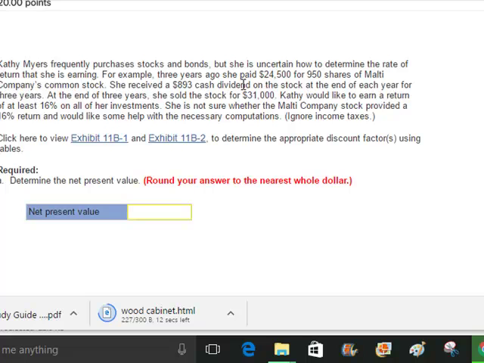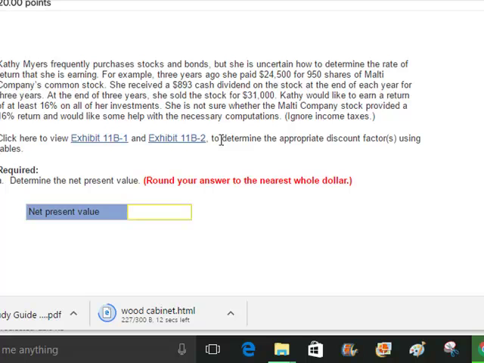So first, this person paid $24,500 for 950 shares of stock. That's a cash outflow. And even though we're doing this analysis 3 years later, so 3 years after purchasing the stock, we're going to treat this as though we knew what the cash dividend would be and we knew what the stock would sell for back when we originally purchased it.